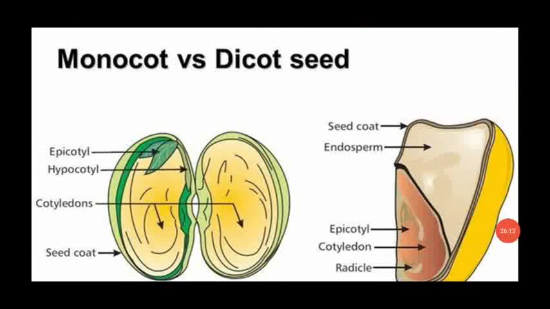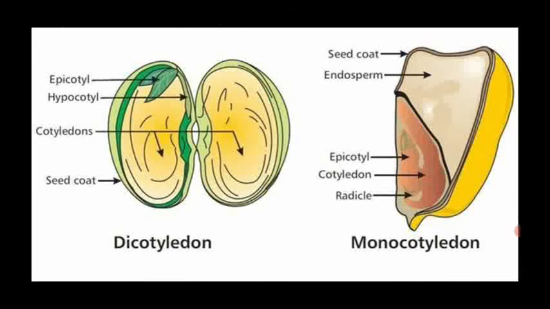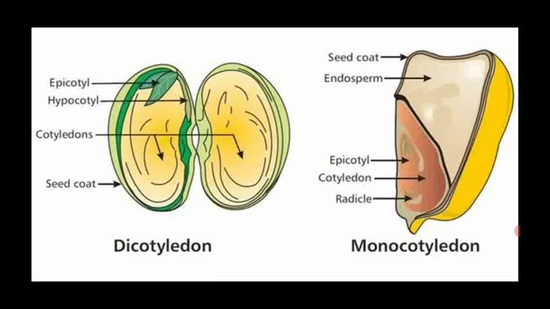Dear students, this is the diagram which is showing the variation between monocot and dicot seed. The first diagram is showing two cotyledons. Here they are having only one cotyledon named as scutellum. Here the endosperm is not present in the dicot seed because the two cotyledons act as the nutritive tissue.